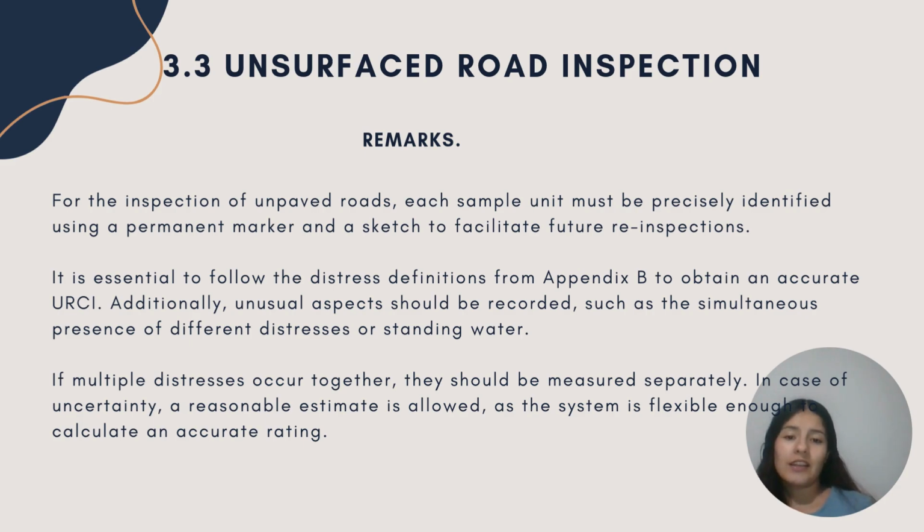Additionally, any unusual aspect should be recorded, such as the simultaneous presence of different distresses. If multiple distresses occur together, they should be measured separately. In case of uncertainty, a reasonable estimate is allowed, as the system is flexible enough to calculate an accurate rating.